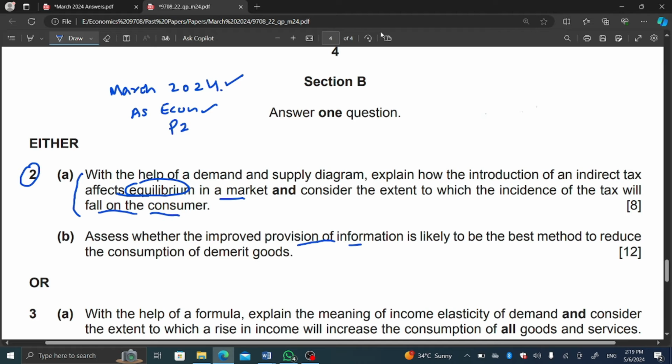And now you have to evaluate this policy, why this policy might not be that much helpful, because people may not be willing to learn new stuff and learn new information about the demerit goods, and demerit goods being habit forming, people may not stop purchasing, and may still continue purchasing them because of inelastic demand and habit forming good.